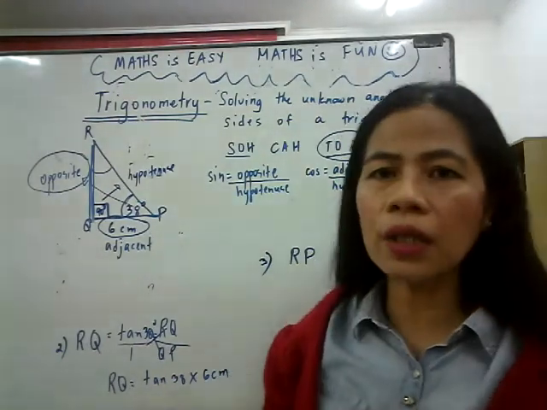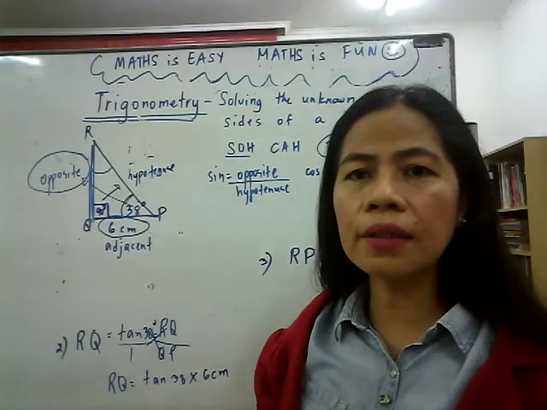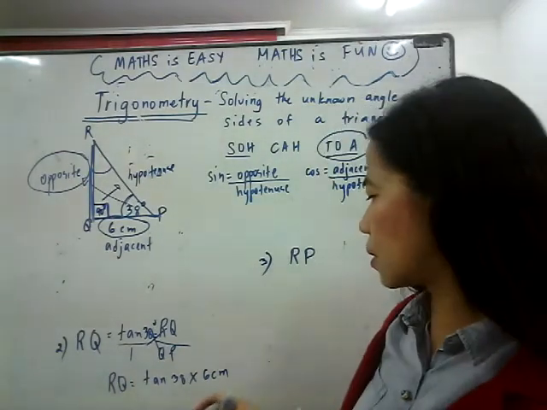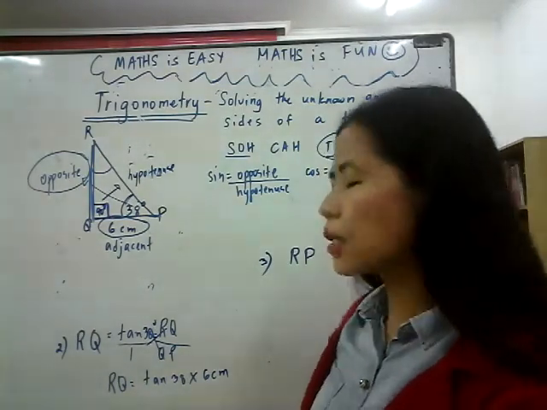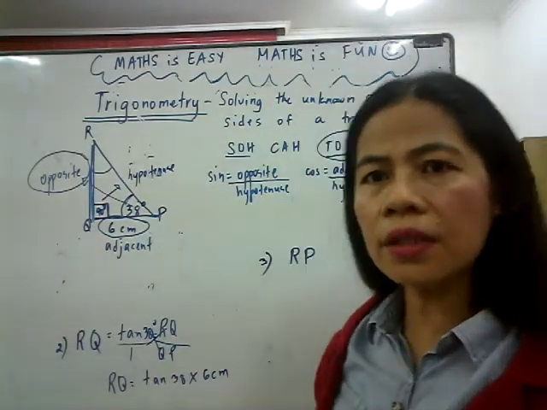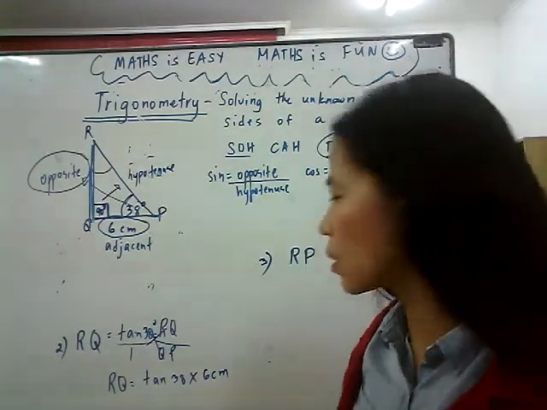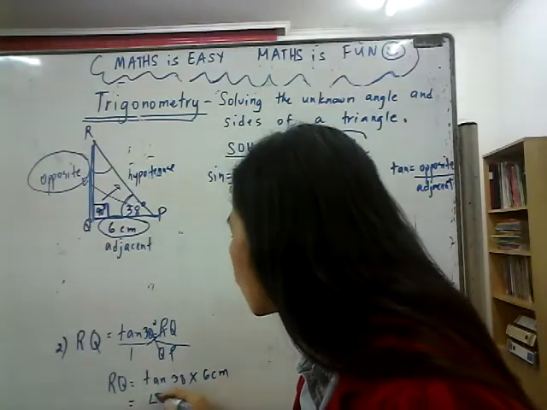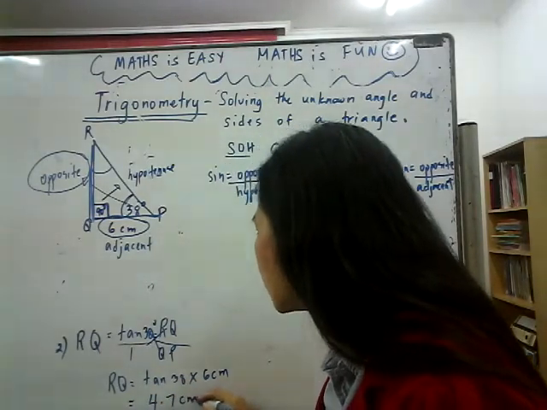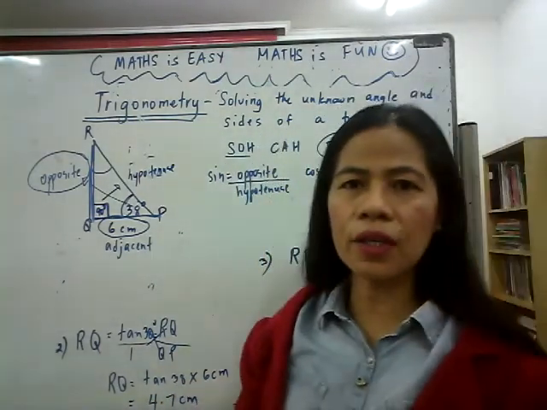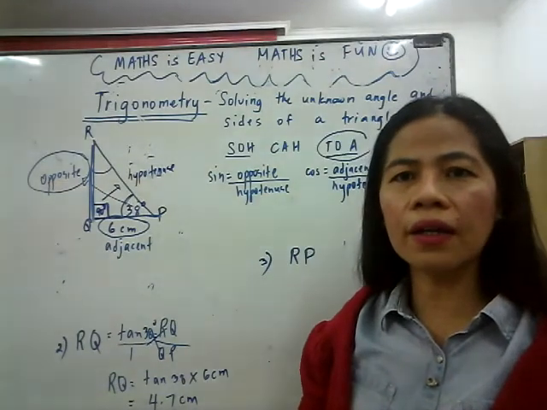So on your calculator, just press tan 38 times 6. And your answer, up to 2 significant figures, should be 4.7 centimeters. Okay, so that's it for RQ.